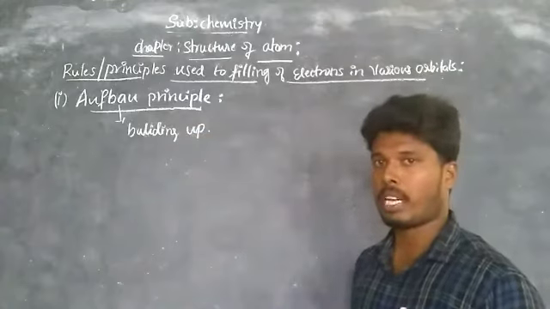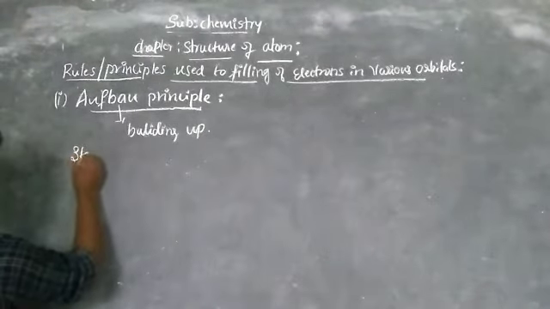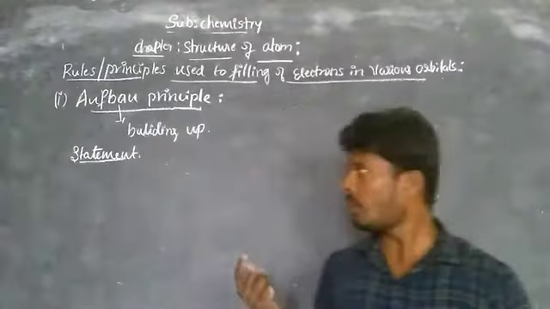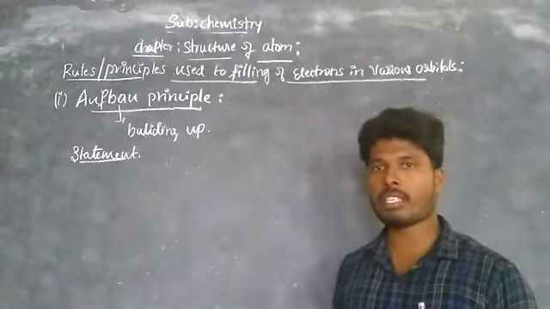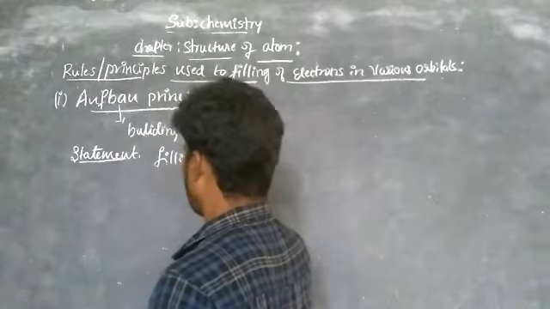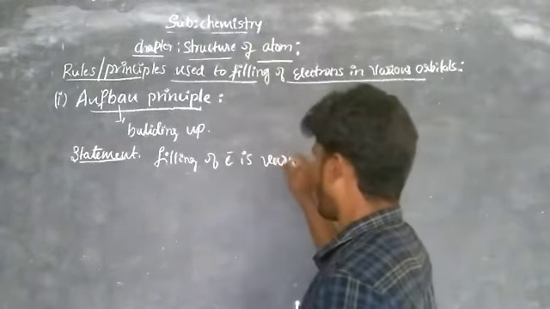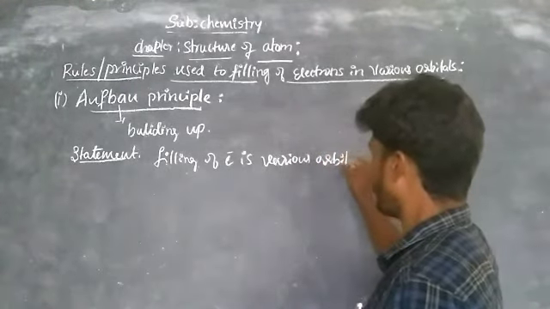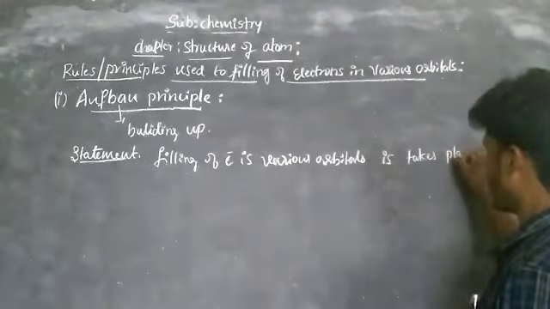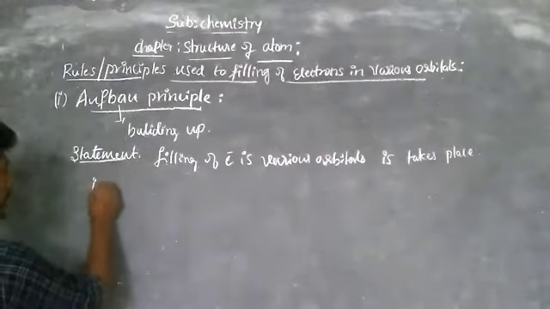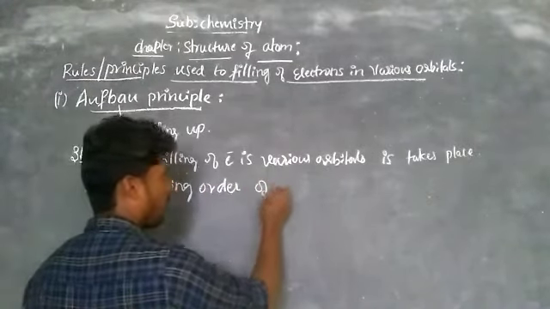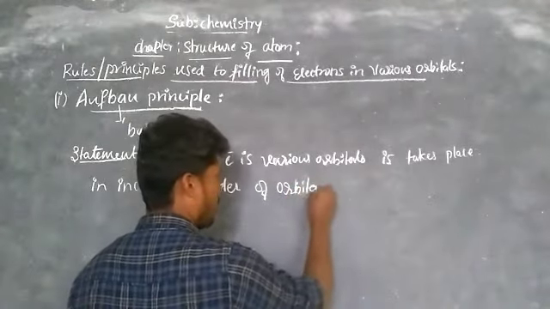What is the statement of this Aufbau principle, or what is the rule of the Aufbau principle? This principle states that filling of electrons in various orbitals takes place in increasing order of orbital energy.